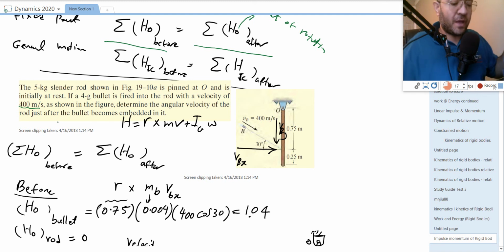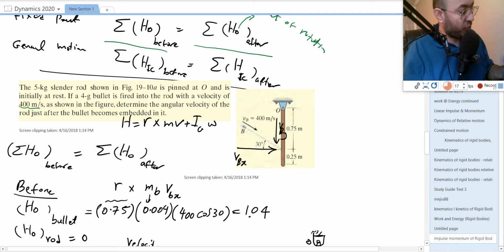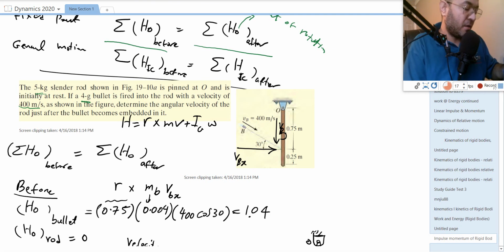So after impact, the bullet is going to go inside the rod. You don't actually need to consider anything about the bullet after, because the bullet is 4 gram and we are talking about 5 kilogram. So we need to think about what types of motion we have, and how many unknowns we are looking for.